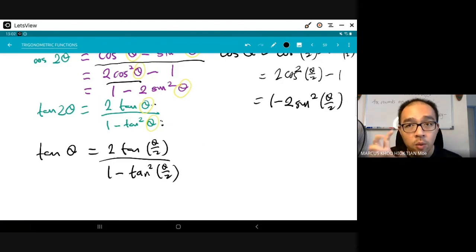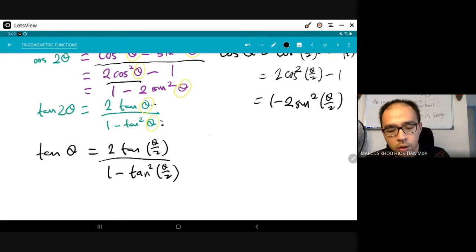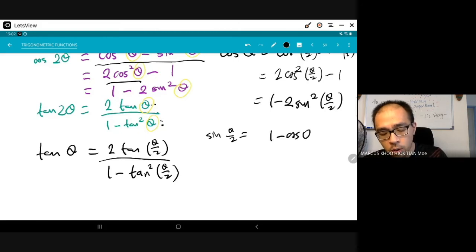Again, this is a word of advice. I know that in the textbook they write sine theta over 2 equals, cos theta minus 1, no, sorry, it's the square root of 1 minus cos theta over 2.